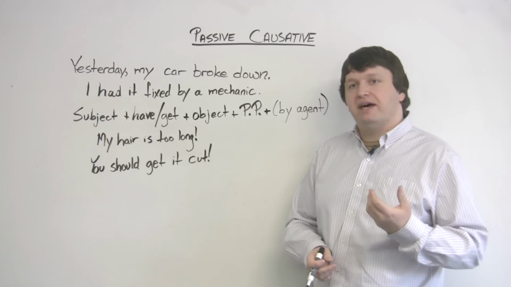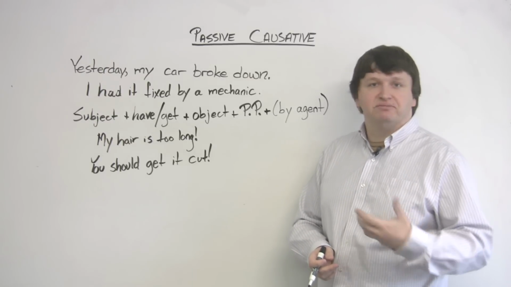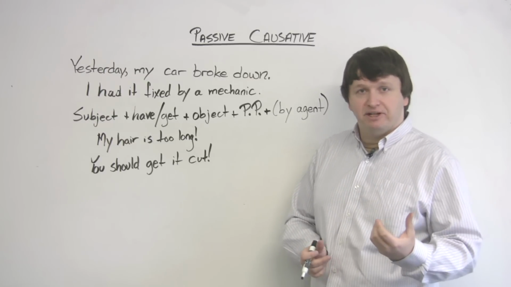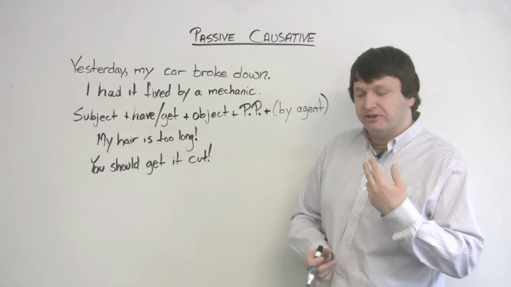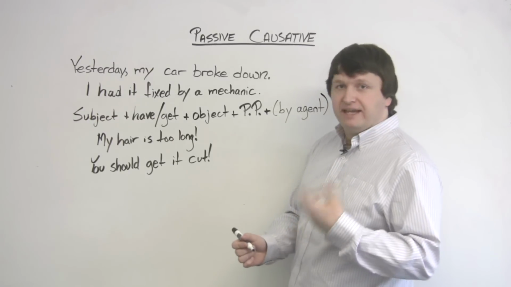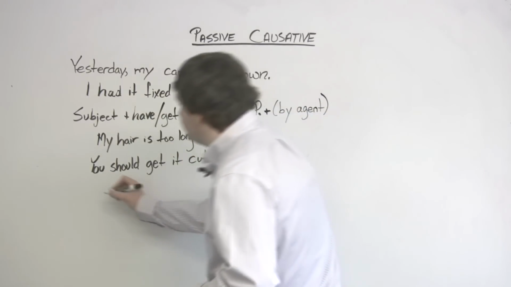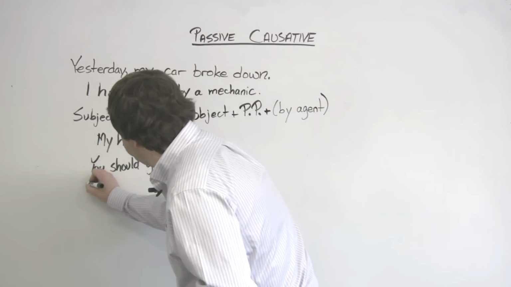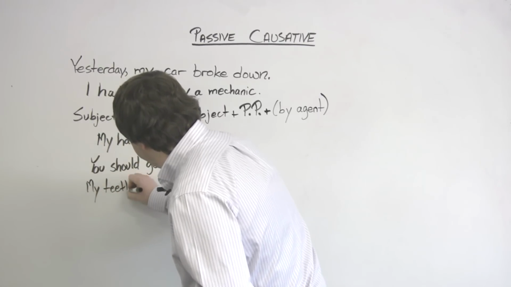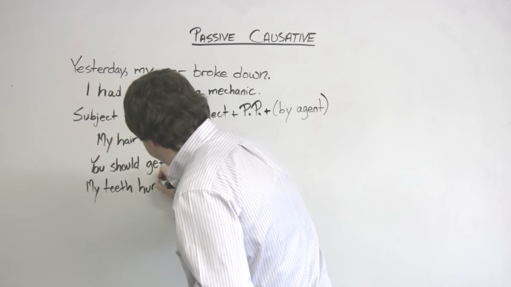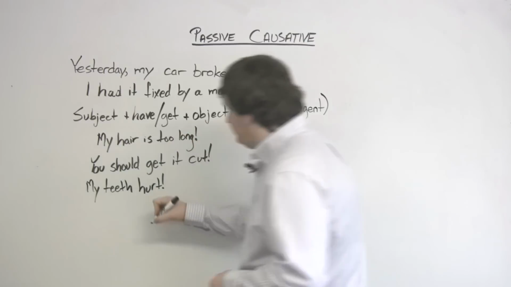So again, imagine that your teeth hurt. You have to go see the dentist, right? So what should you do next? Well, if your teeth hurt, you probably should get them checked out by a dentist. So for example, the situation again is my teeth hurt.